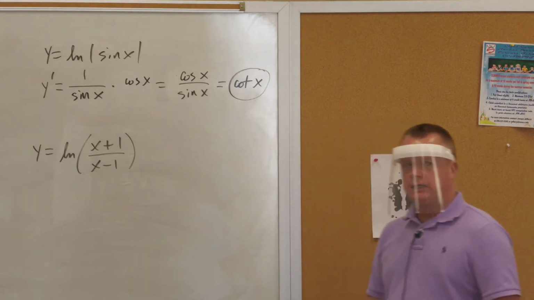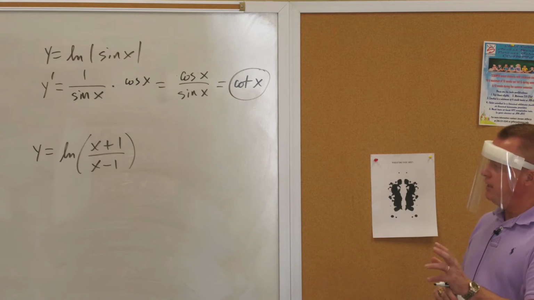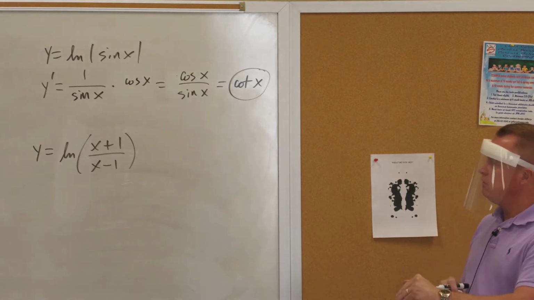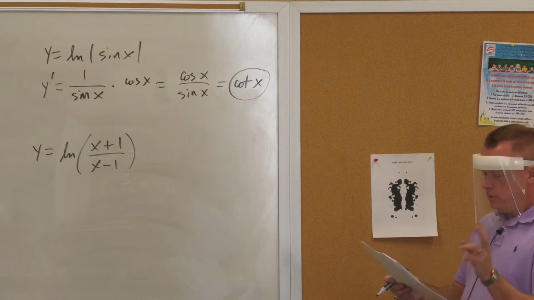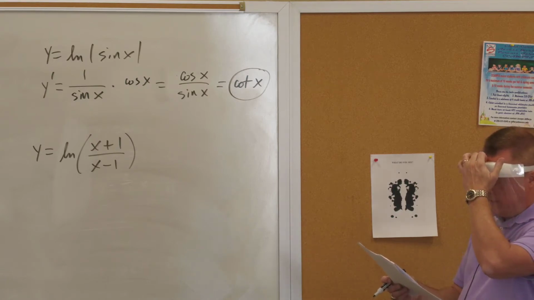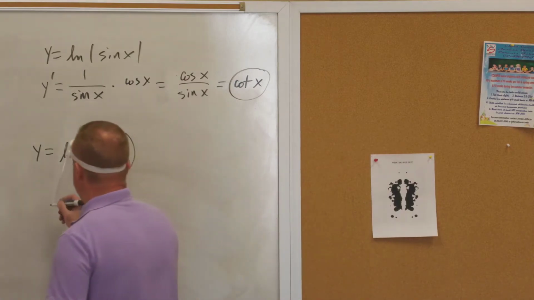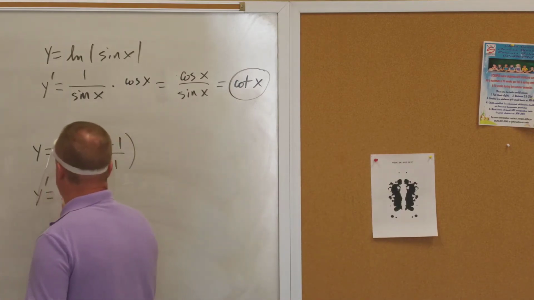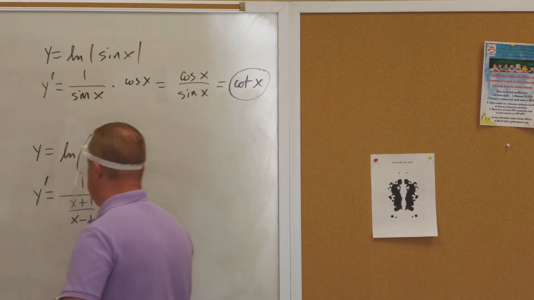Okay. So again, we've got ln here, so we remember the derivative of the ln is 1 over x, right? And this one you can do two ways as well. Let's do it the hard way first, which is probably how you would do it. So this would be 1 over (x plus 1 over x minus 1).